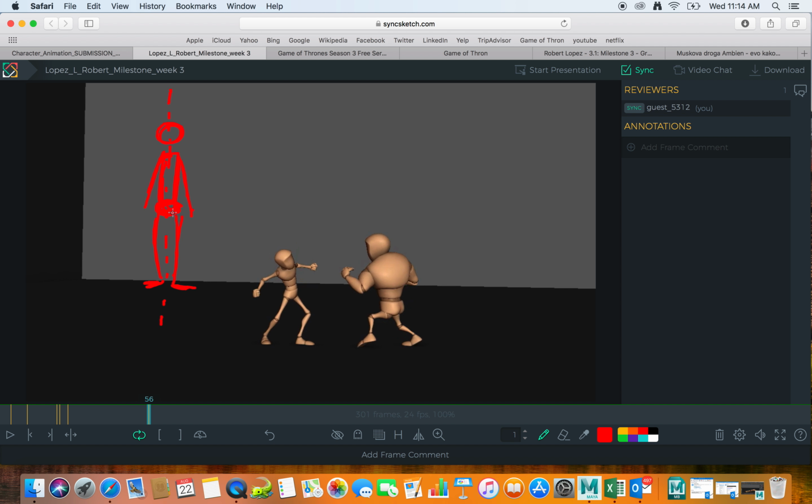Now, if he has to move this way, let's say he wants to move here, what does he have to do? First, he has to move his hips to the opposite side.